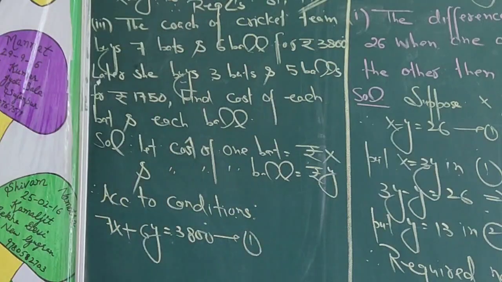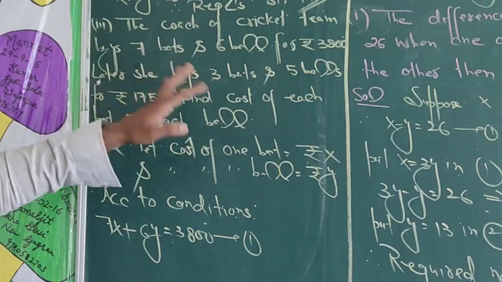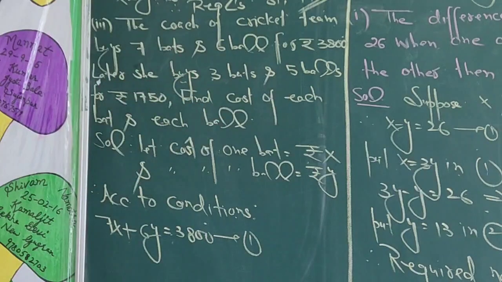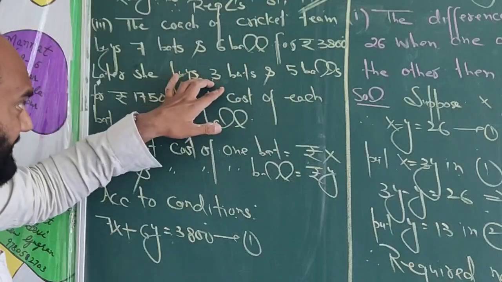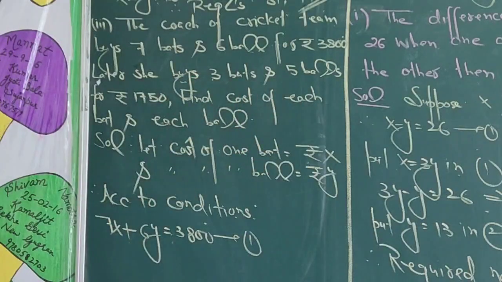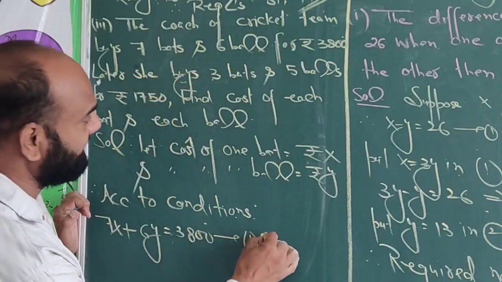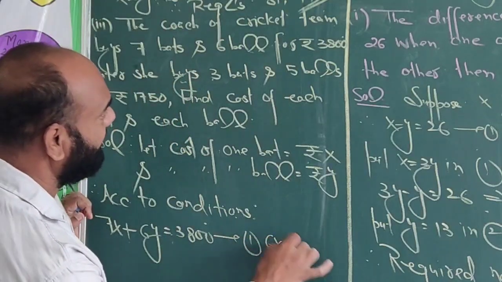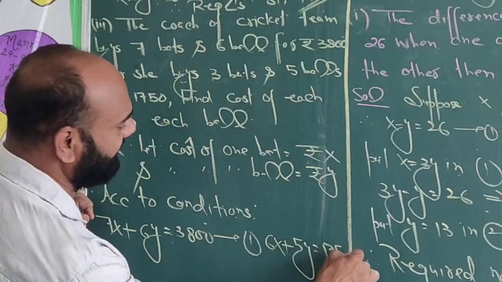And secondly, it is also given that later the coach buys 3 bats and 5 balls for rupees 1,750. So this is 3x plus 5y equal to 1750.